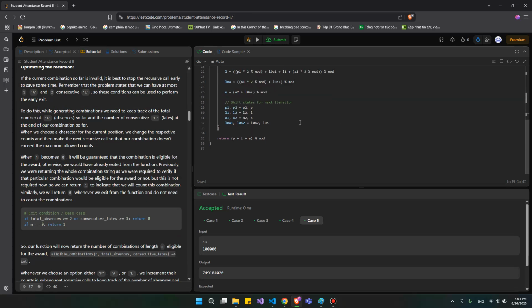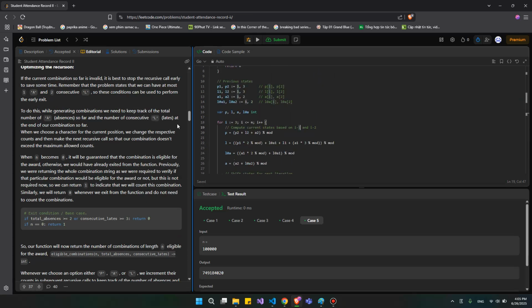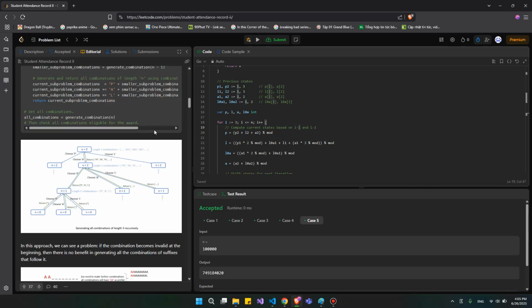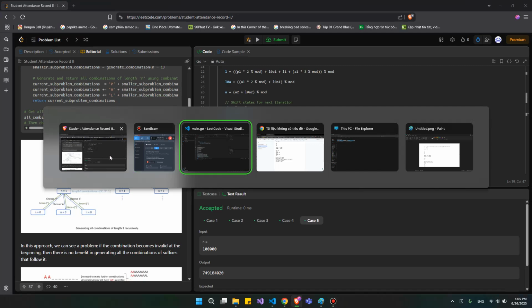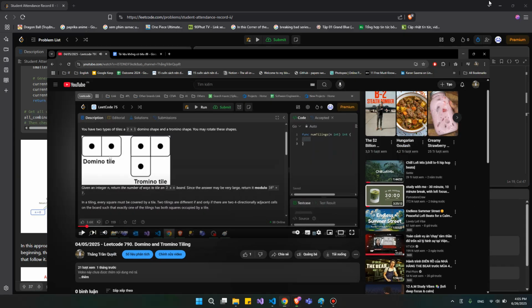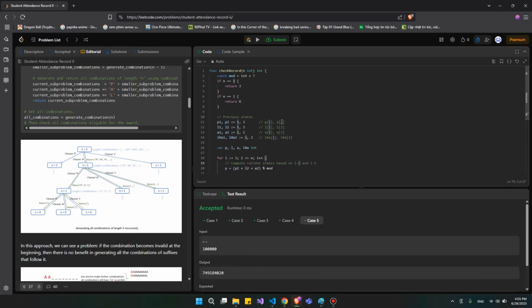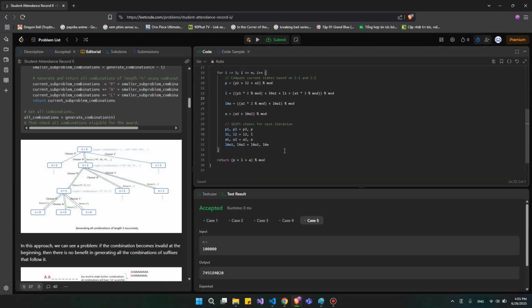What I think might be my solution here is better to understand and get best practice, as it tells it is a two by one domino shape and domino shape. And of course, my solution is not the best one.